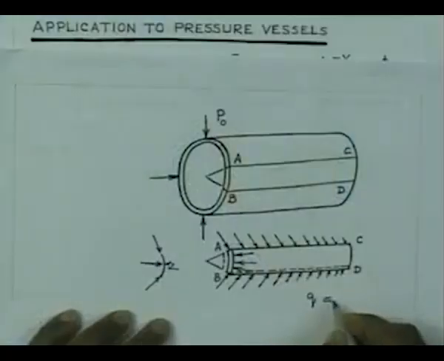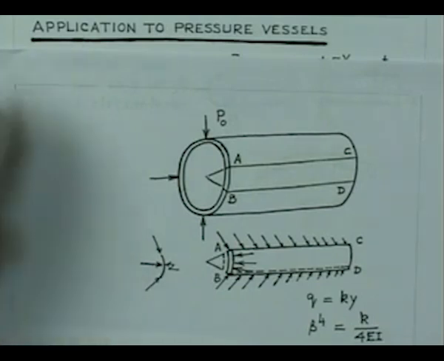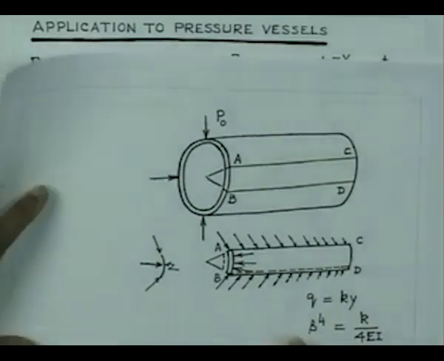We have seen that the resistance Q, we have written that as K into y, that is displacement, and then we have brought in some beta factor, beta to the power 4 was K by 4EI, where EI was the modulus of rigidity of the beam. So, let us now try to see how we can evaluate this parameter like K and beta for a sector of a shell like this.